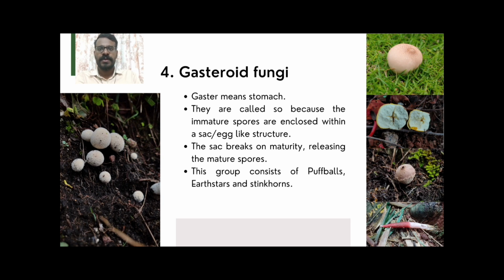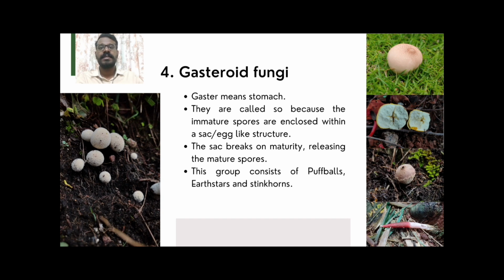Fourth category of mushrooms are gasteroid fungi. Now, what are gasteroid fungi? Gastero means related to stomach. Although this doesn't have any relationship with the stomach, in this type of mushroom, the immature spores are enclosed within a sac or egg-like structure.